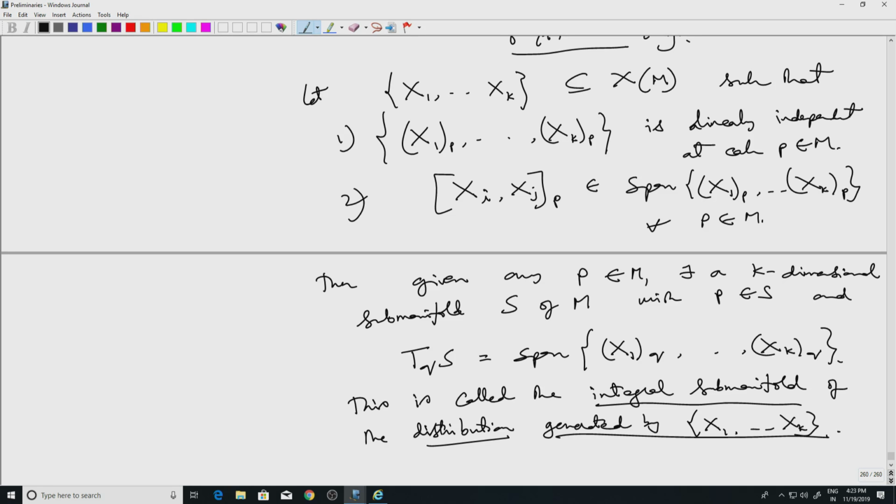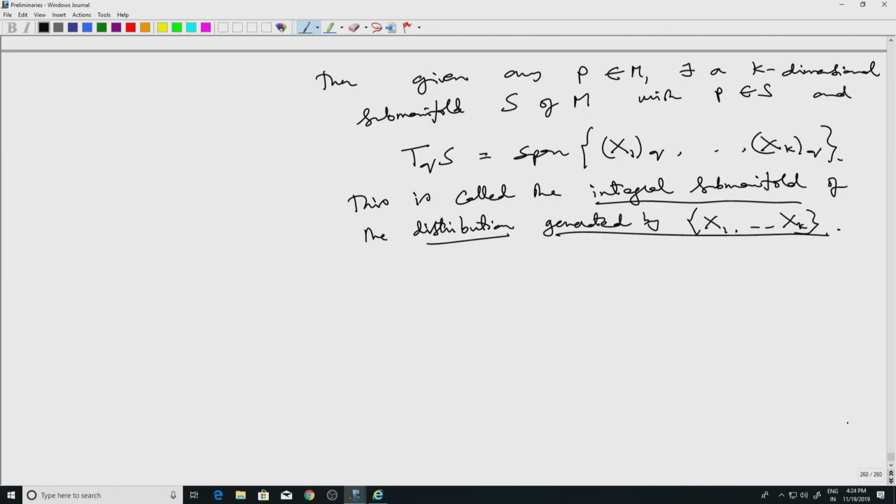So the geometric idea is simple enough. If you are given a set of vector fields, we want to know when exactly there is a submanifold, and suppose they are linearly independent at each point. So the dimension of the tangent space they span is fixed. We want to know when there is a k-dimensional submanifold. And the Frobenius theorem tells us, I'll end with this, a necessary and sufficient condition.